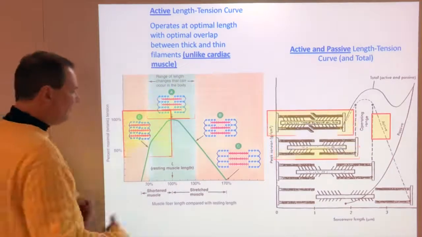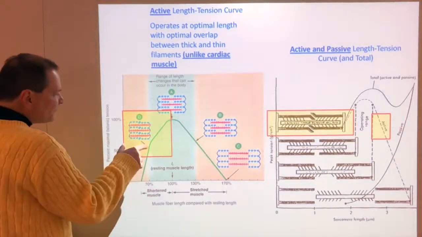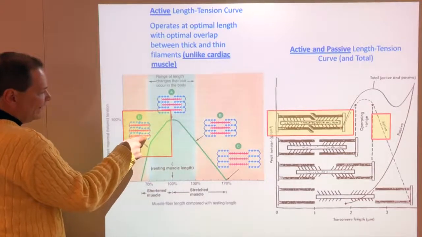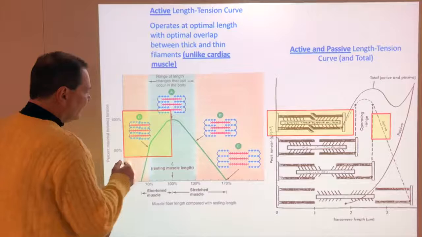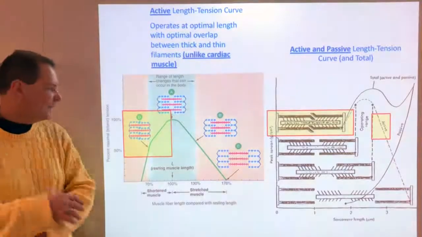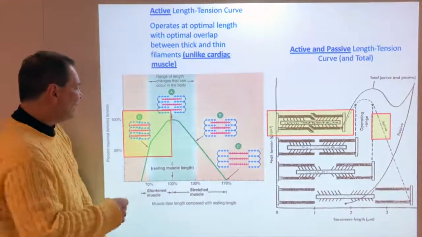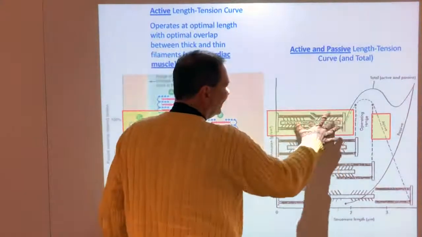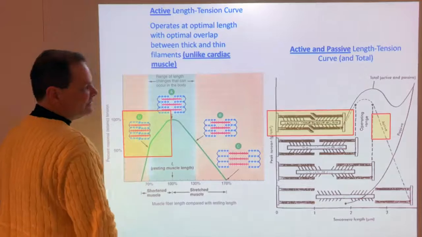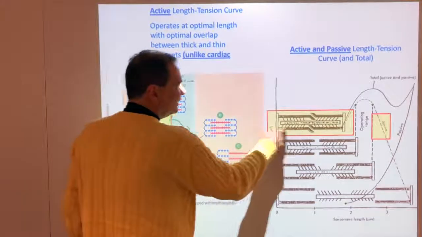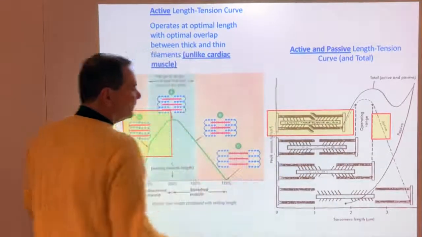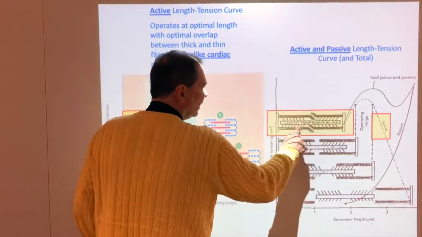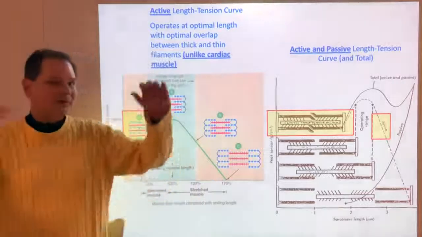So if I decrease the length of this fiber, what happens is I start to lose overlap between actin and myosin. There are a couple things that are happening. If it's really contracted, then the myosin actually starts to hit the Z line, and you get some inhibition of contraction that way. This would be your Z disc here. But beyond that, your actin filaments on either side run over one another.